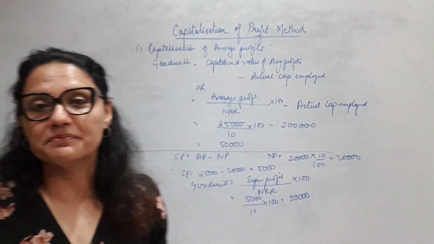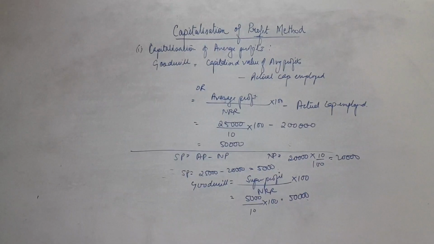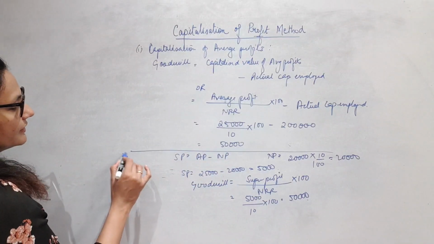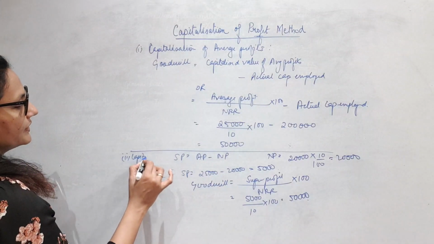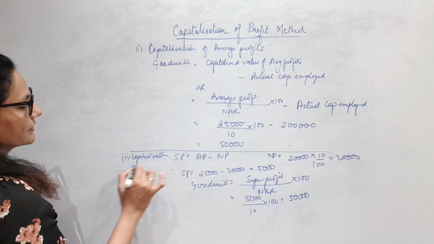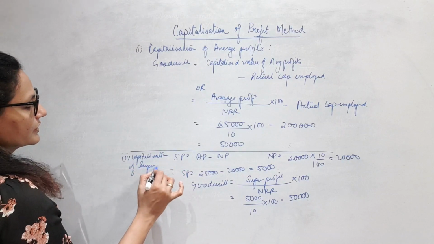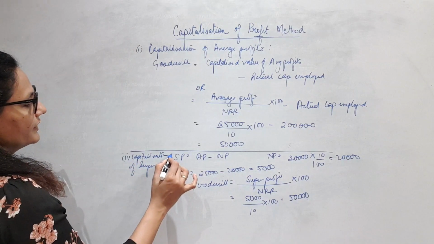Correct. Please note down these formulas so that we can now go to solving sums as well. I hope the concept is clear. Capitalization of average profit and capitalization of super profit. This method is the other one: capitalization of super profit.